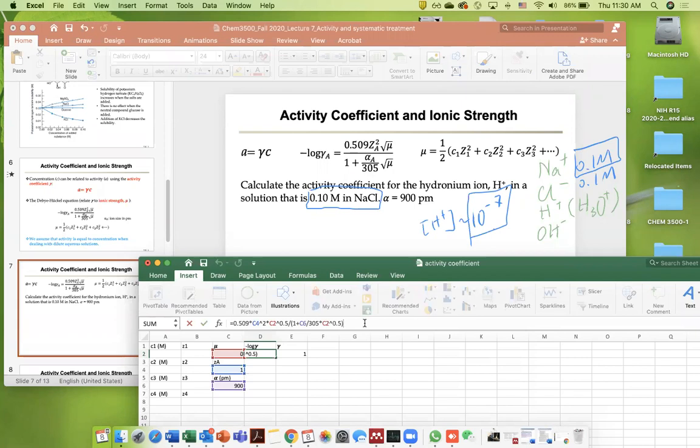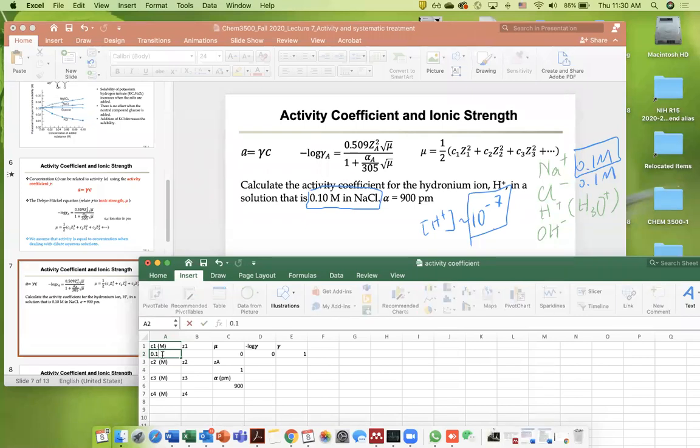So this is how I set up the equation. Because you already see the negative logarithm of gamma, gamma can be calculated as 10 to the negative of D2, right? It's just the anti-logarithm, okay? So now let's start putting in the numbers. As I said, you only have to consider sodium and chloride.